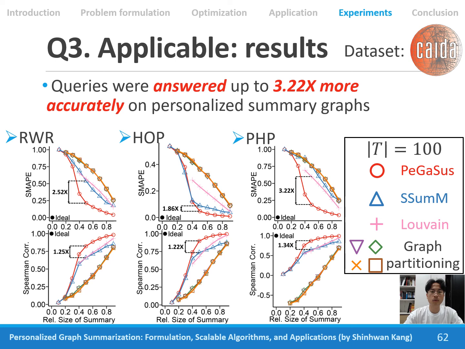As baseline approaches, we used answers from the partition that each query node belongs to and the answers from a non-personalized summary graph. The answers from the personalized summary graphs are the most accurate under the same storage budget, regardless of the types of queries in all considered datasets.